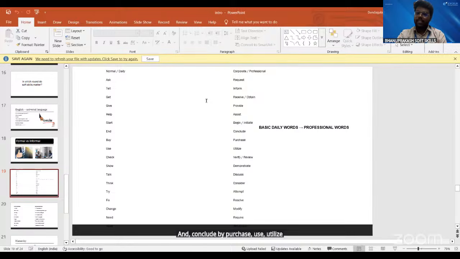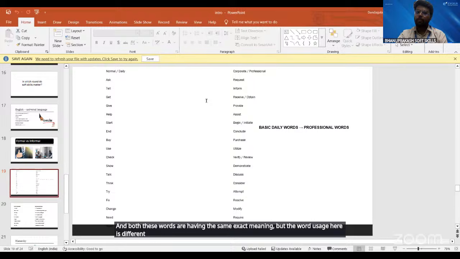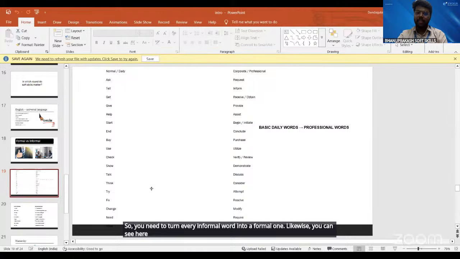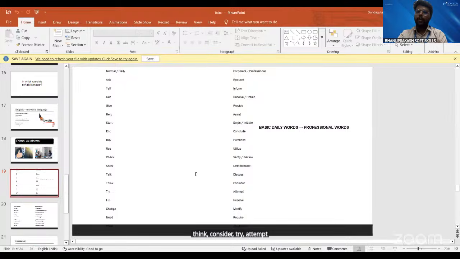These are synonyms, and both words have exactly the same meaning, but the word usage here is different. That is what the formal and informal difference means. You need to turn every informal word into a formal one. Likewise, you can see here, think, consider, try, attempt. You can find many such words and try to learn them before going for any interview.